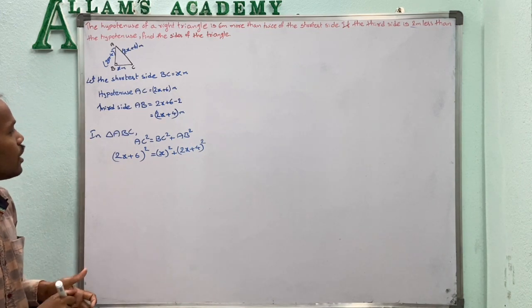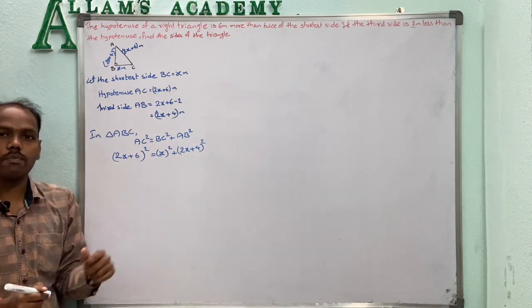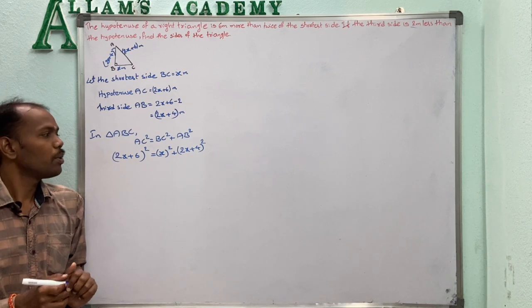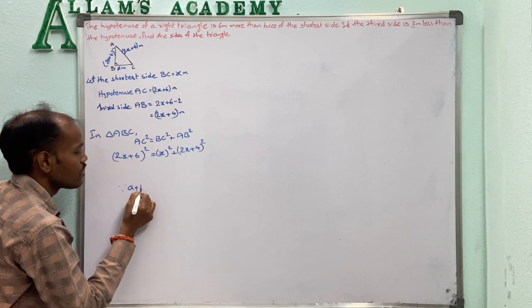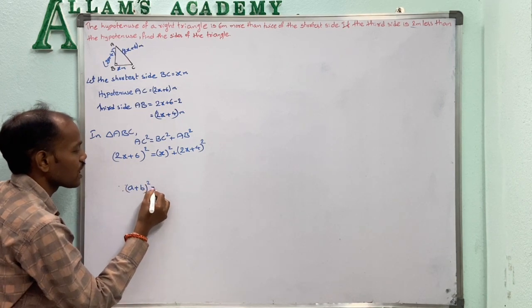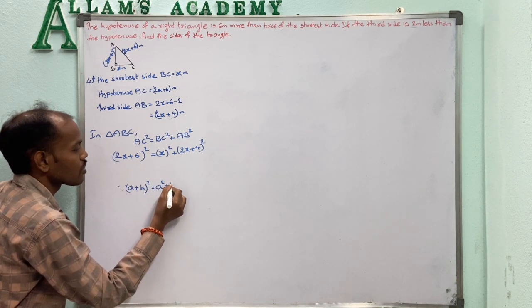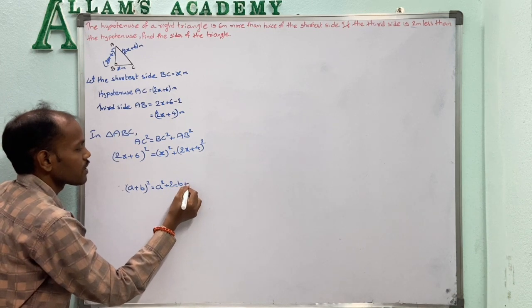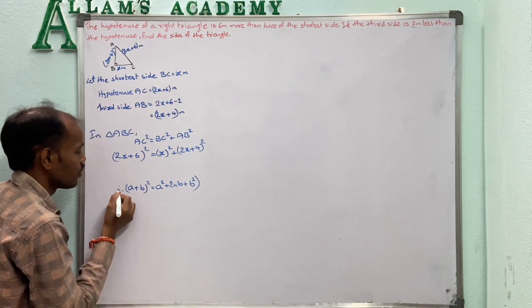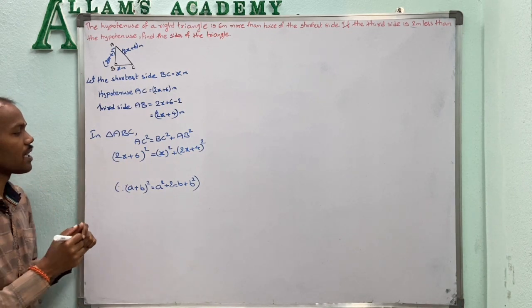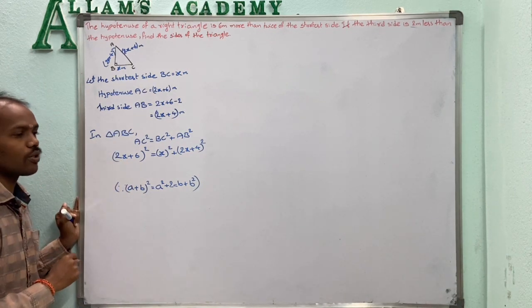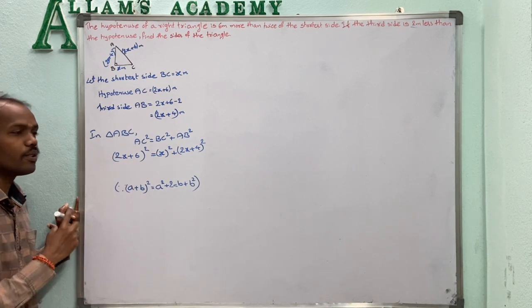Now here 2x plus 6 and 2x plus 4, both we observe, are in the form of (a plus b) whole square. So (a plus b) whole square equals a square plus 2ab plus b square. So by using that formula, (2x plus 6) whole square can be written with a equal to 2x, b equal to 6.